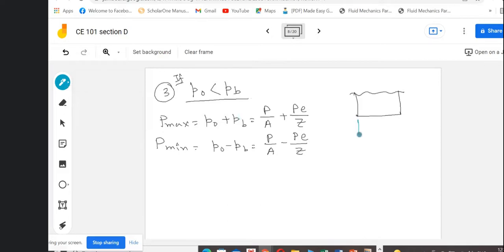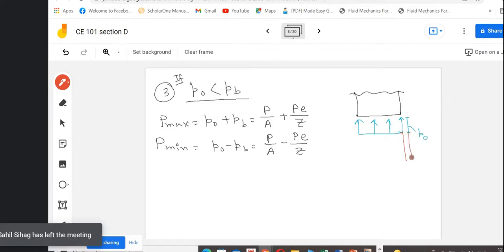So initially, the direct stress will be uniform as it is. So this is our P naught. Now, here P naught is less than the PB, so bending stress is of higher value than the direct stress. So it will be some portion higher than the P naught case, so this is the PB portion.